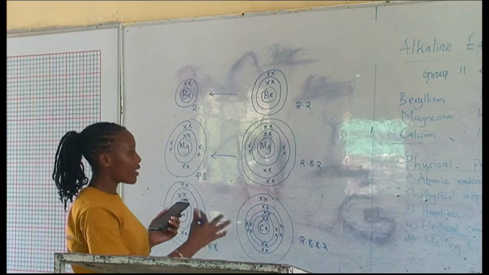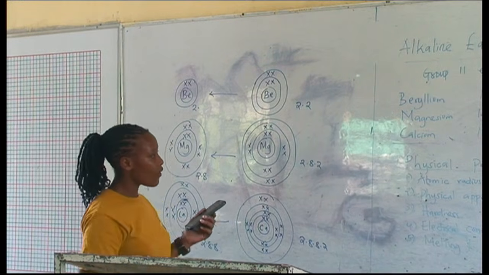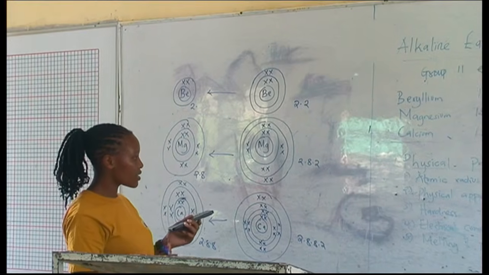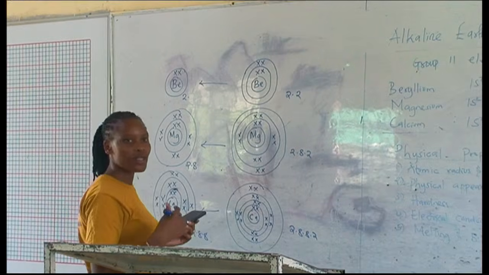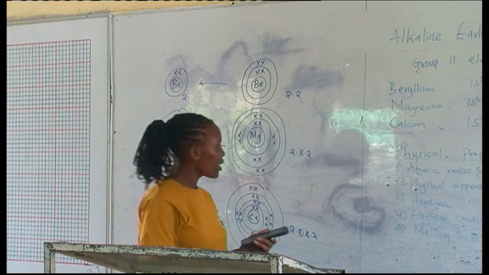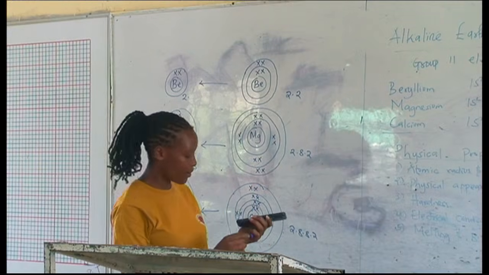So the atomic radius of group 2 elements is larger than their ionic radius, because as they form ions, they lose an energy level.